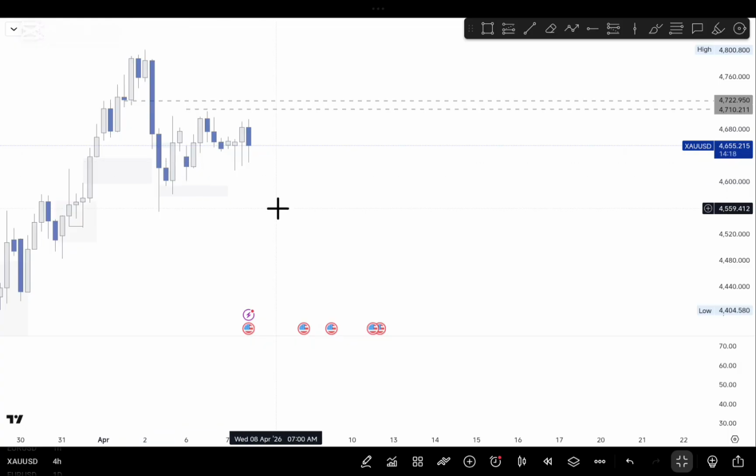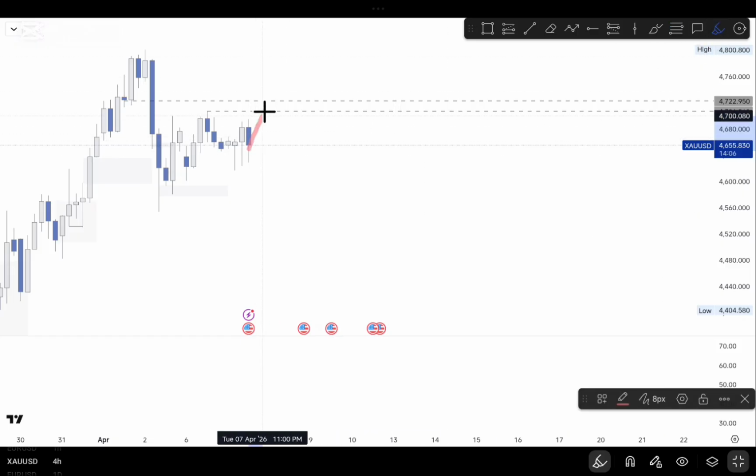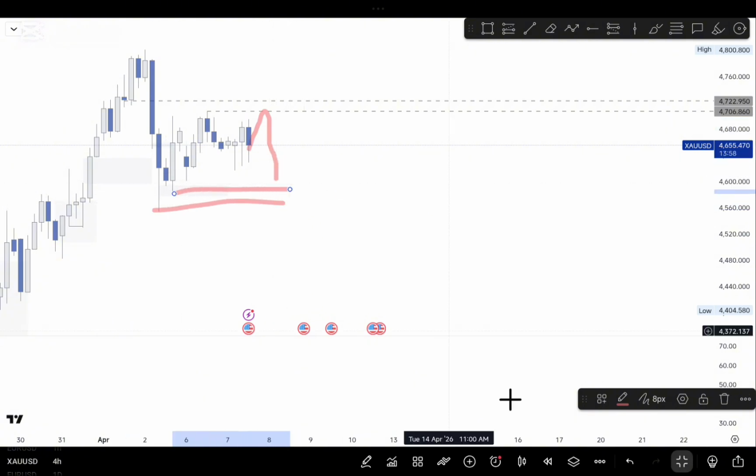Both buyers and sellers are fighting for control on this. So I would like to stay out on gold. If price sweeps the high, this one, and then reverses, then we are pretty much ready to target these areas, that's for sure.